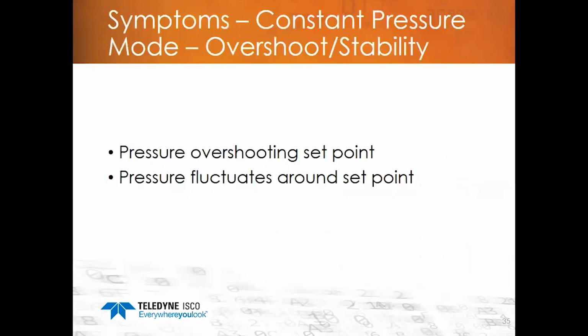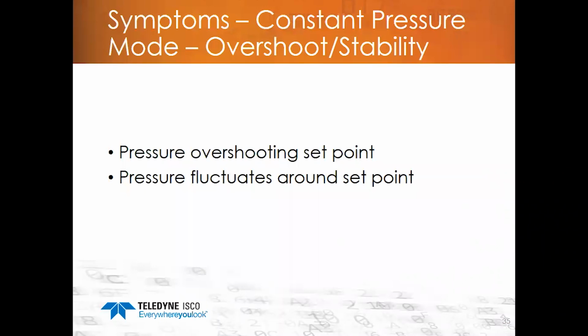Now, for problems in constant pressure mode, such as pressure overshooting the set point or pressure fluctuating around the set point, these two could be important. For pressure overshooting, you may have a situation where you do not want the pressure to go above a set point. You set a pressure, say, of 2,000 psi, and you want the pump to come up to 2,000 psi, but you do not want it to go above 2,000 psi.